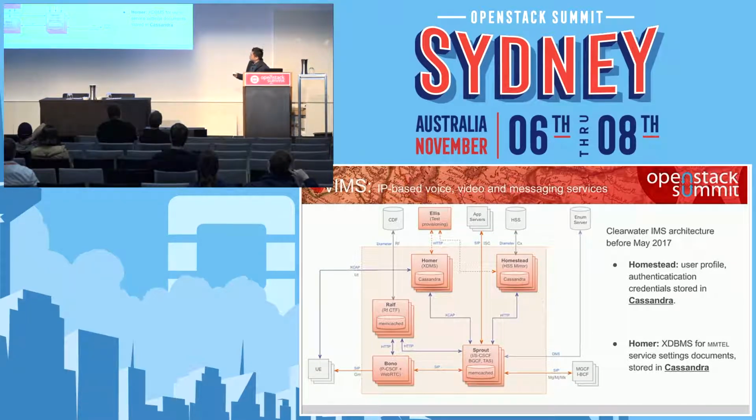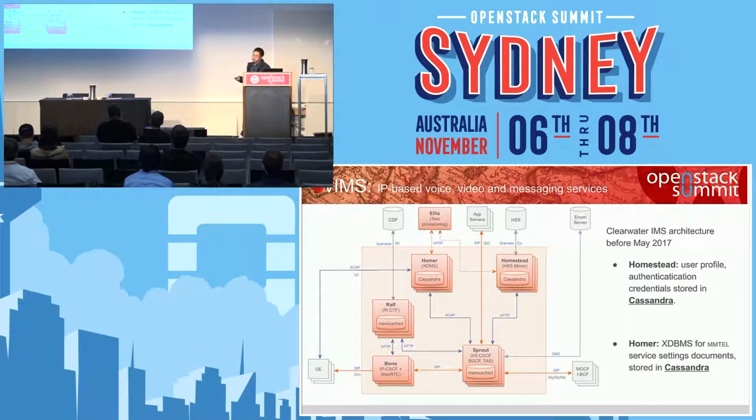Bono is the component handling the connection from the UE. The UE will initiate a SIP call or WebRTC-based SIP call and connect to Bono. Sprout is mainly to deal with the service. Ralf is to produce the billing information.